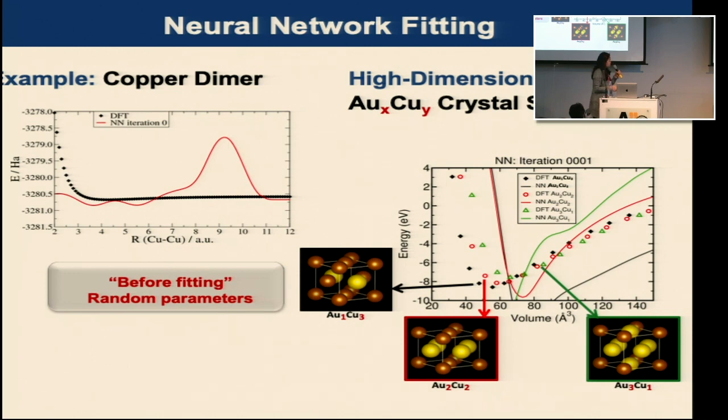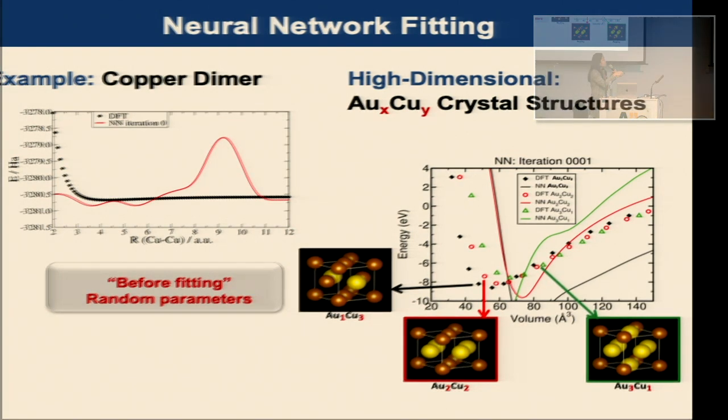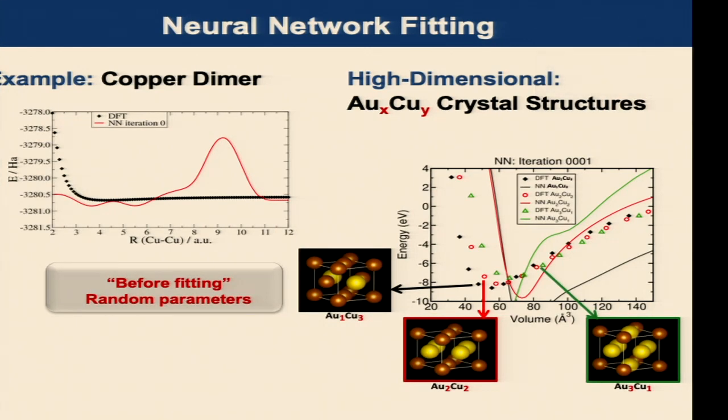For the copper dimer, the black diamond is the DFT reference data and the red one is the neural network potential. In this case also, the black diamond or other symbols show reference data, and the solid line shows the neural network potential energy surface.